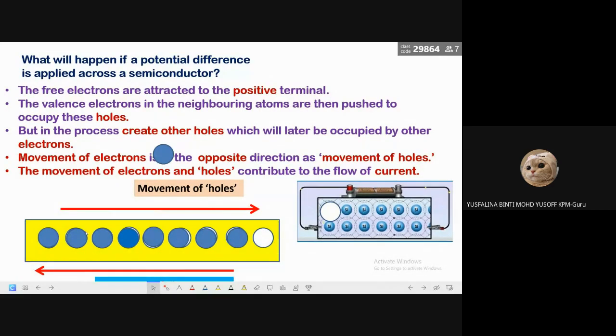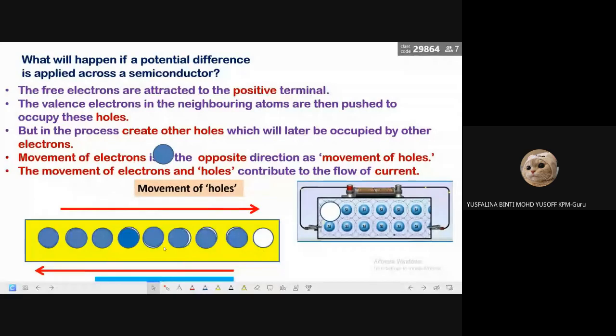From here the electron fills the next hole. So the movement of electrons is to the left, and the hole actually moves to the right. So the movement of electrons is opposite to the direction of movement of holes. We have already shown that.